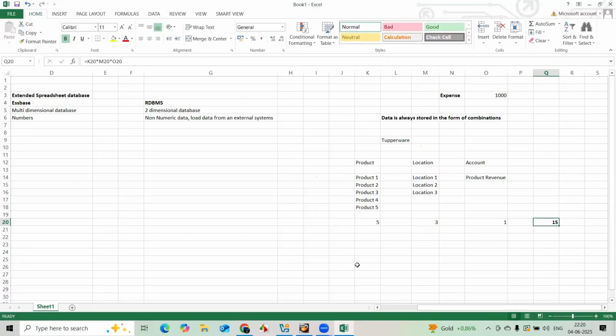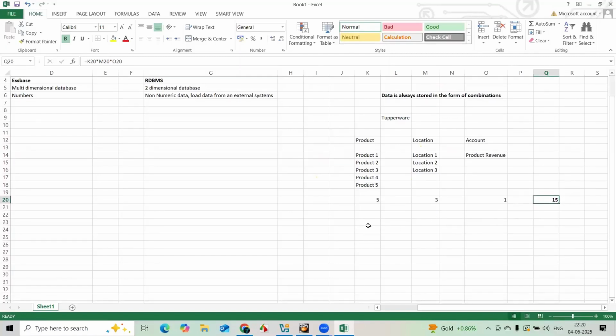What it means is, for example, what are those 15 combinations? Product 1, location 1, and product revenue. So this is one combination of product 1, location 1, product revenue. And next, product 2, location 1, product revenue.